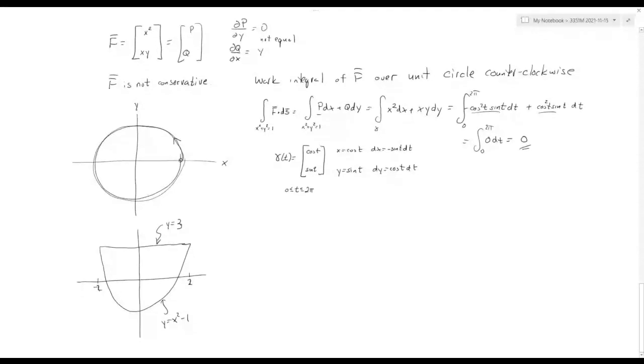That's fine. So if we took another closed path, maybe we wouldn't get 0, and for this path we wouldn't.